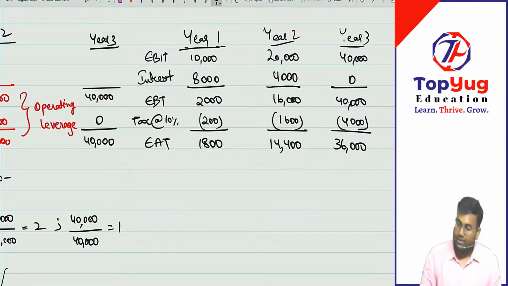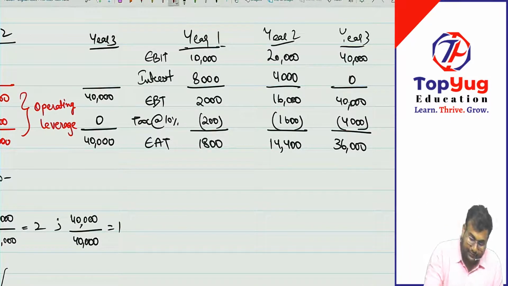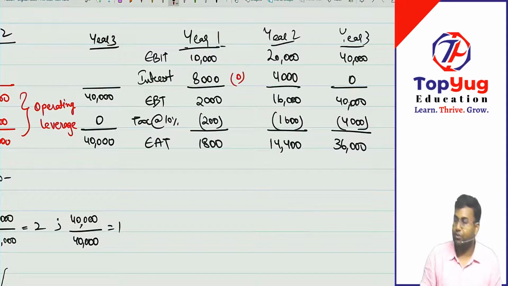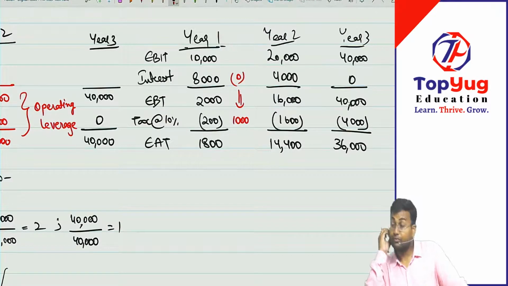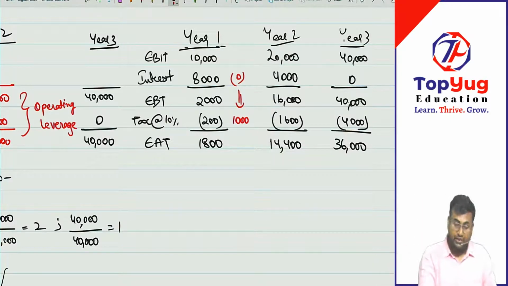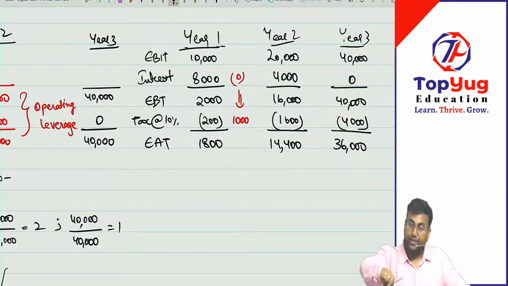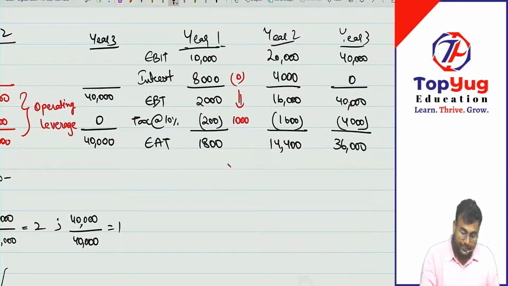If suppose the interest is zero here, my tax burden would increase to 1,000. How many of you agree with me? Yes or no? This will become zero. 10,000 over 10% is 1,000. So because of interest, how much lower tax am I paying? 800?